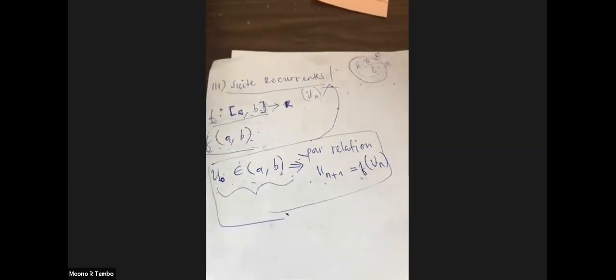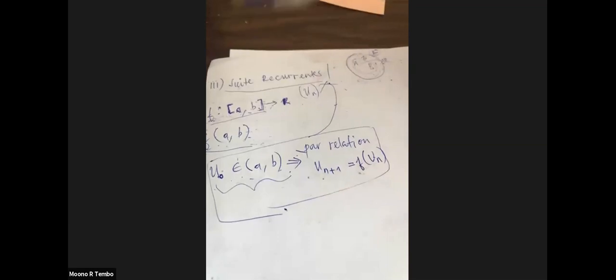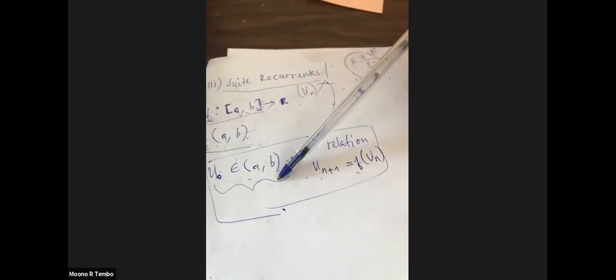That domain is going to be a member of A or B. And then by relation, your suite n plus 1 is going to be equal to f in function of your initial suite.